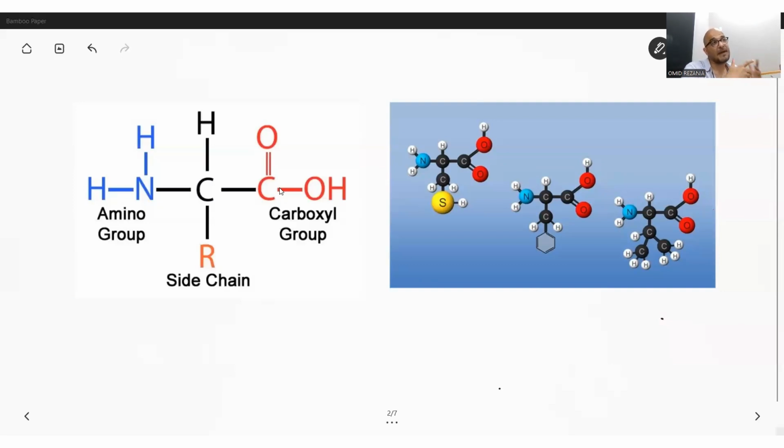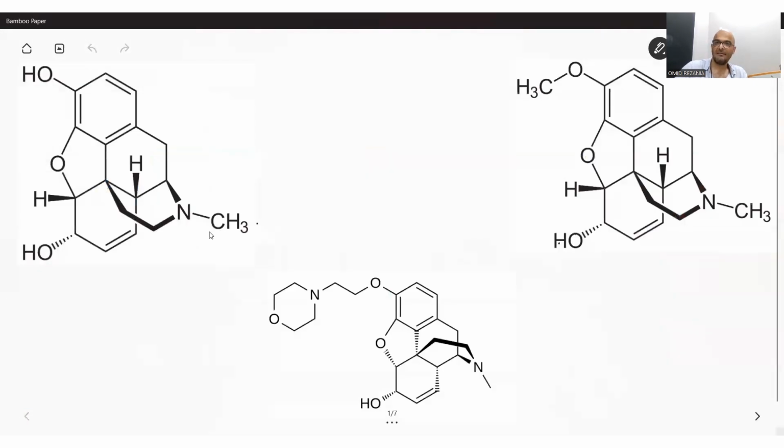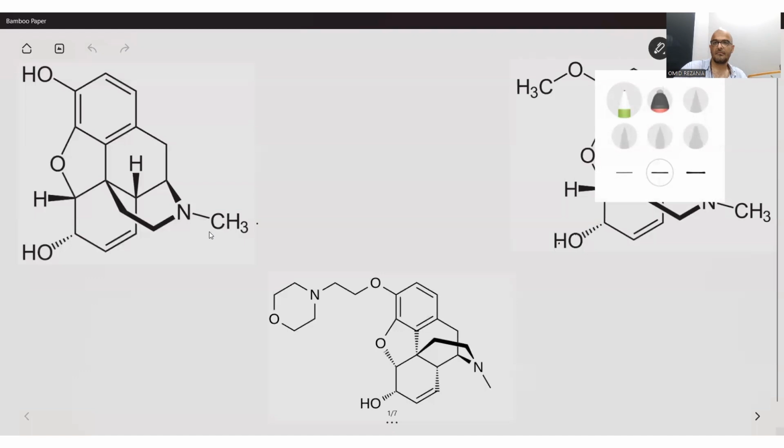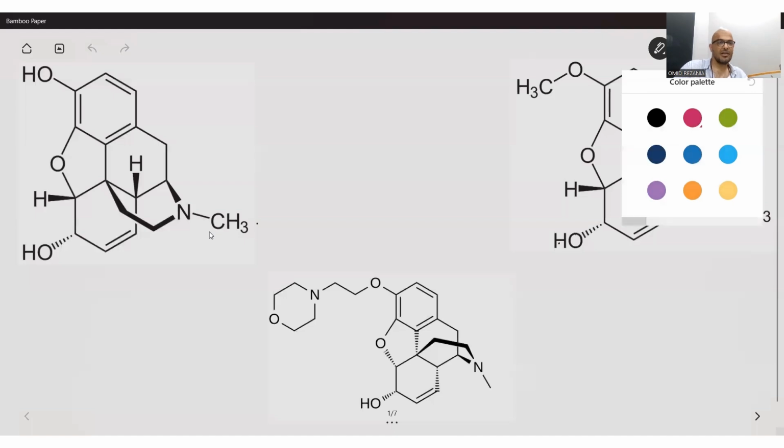By next week, when we start working on the morphine to see how you can build codeine, you'll see the whole structures of the elements that you have. For example, look at here.